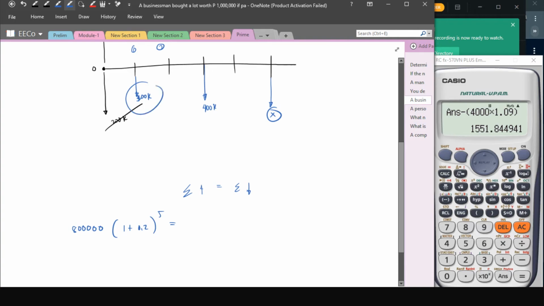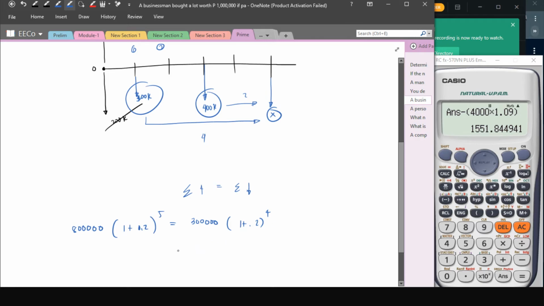Bumaba na. Yung 300 saka 400. 300,000, 1 plus 0.2 at the end of the first year. So, 4 na taon pa siyang lalago yung 300K mo. Okay? Or ito, lalago siya ng 2 years na lang.